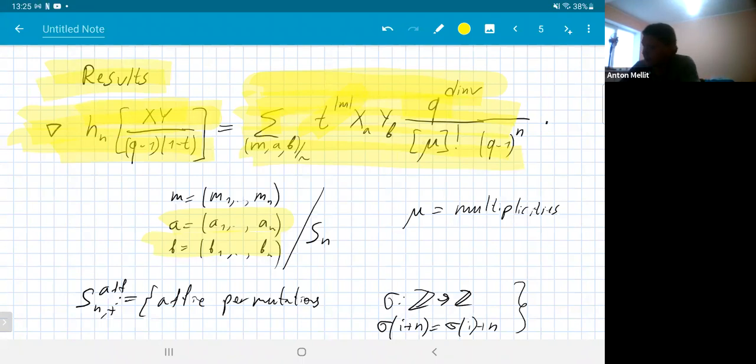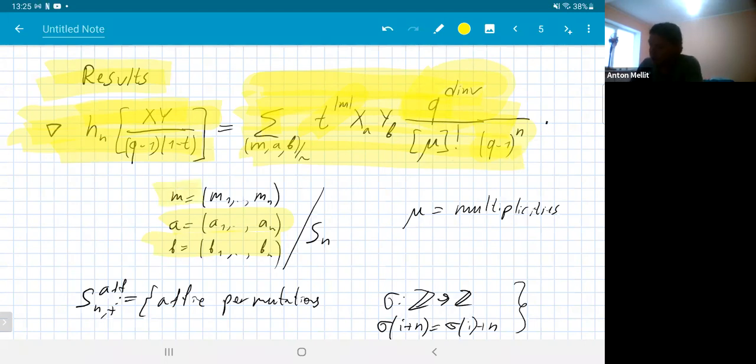And then when you compute the contribution of how many nilpotent matrices you have divided by how many invertible you have, some power of q will cancel, and that's what you're left with. So there is this q to the dinv, which is some explicit statistic depending on m, a, and b. And mu is the multiplicities in this triple.